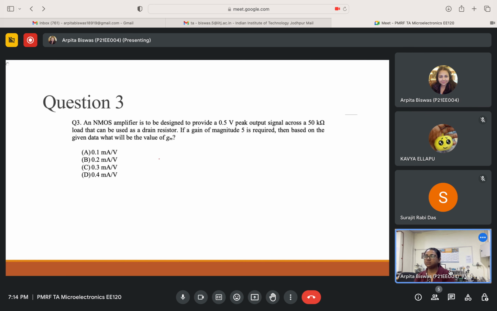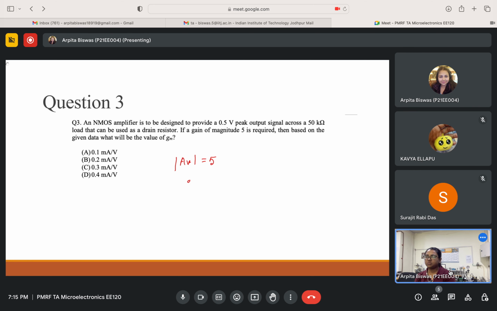Here the magnitude of gain AV is given, and based on the given data, what will be the GM?